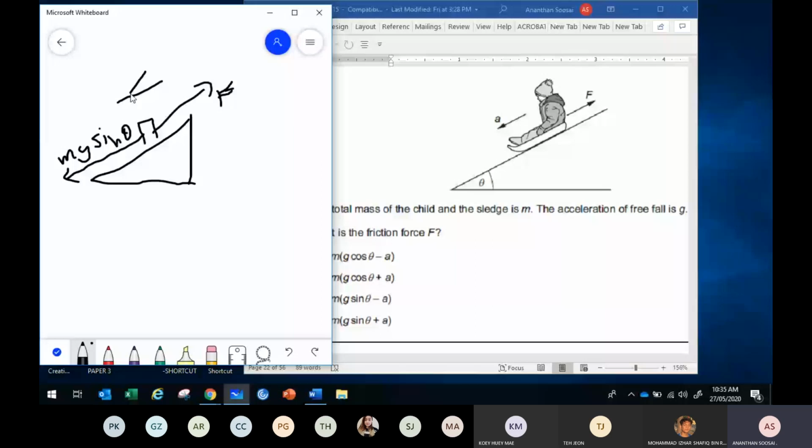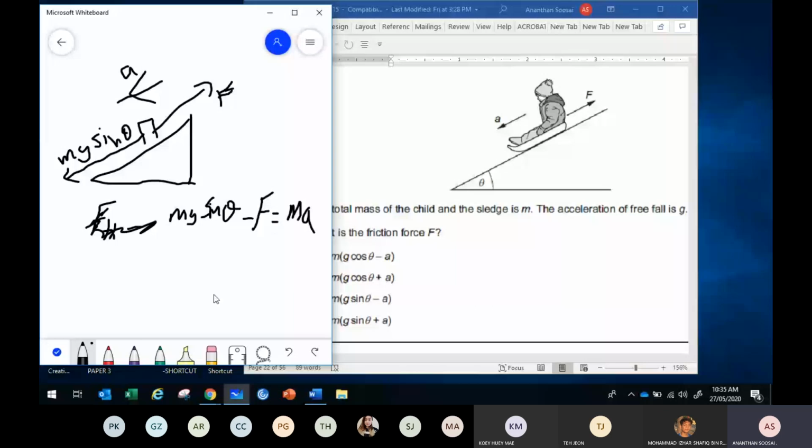Here we don't have thrust. So force down minus force up is ma. So mg sine theta, force down, minus friction up should equal ma. That's it. No thrust involved here.